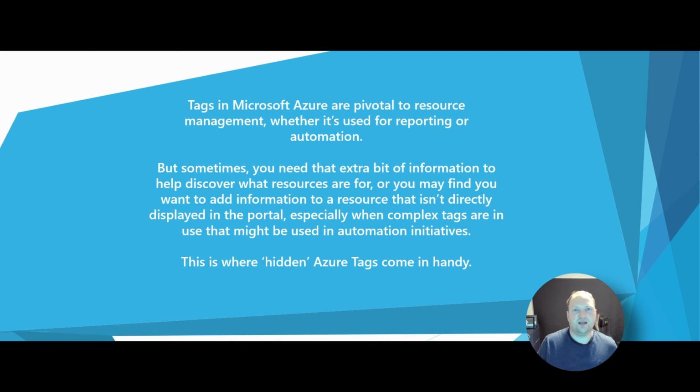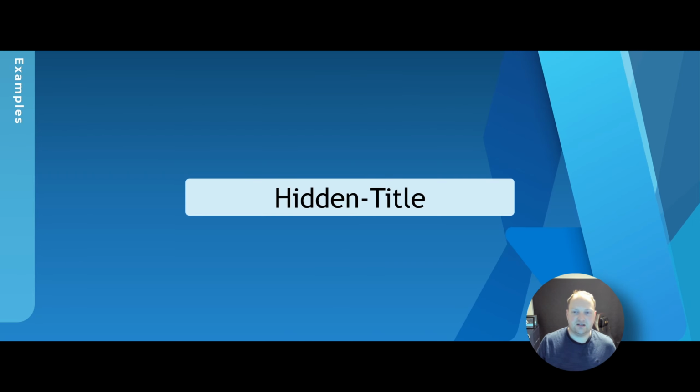But hidden Azure tags come in handy because they can bring out a lot of needed data and information straight into the Azure portal. So the first tag we're going to discuss is the hidden title. The hidden title tag can be used to give more context to a resource. It also allows the use of restricted characters that may not be valid in a name.